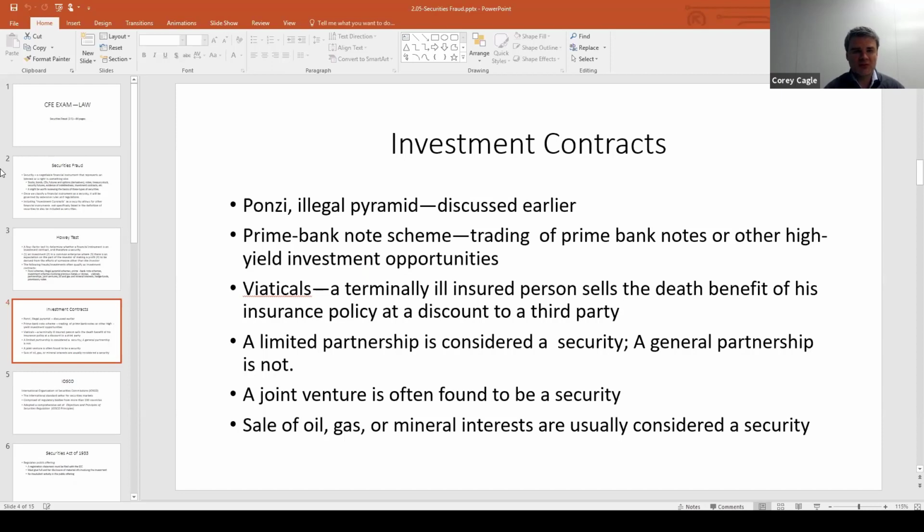A general partnership is not. I'd put a star by that too. That's a really easy test question right there. Limited partnership, security. General partnership, no. Right. Joint venture, typically a security. Sale of all these interests in minerals and oil and gas also. So pretty much everything we've mentioned here except a general partnership counts, right?